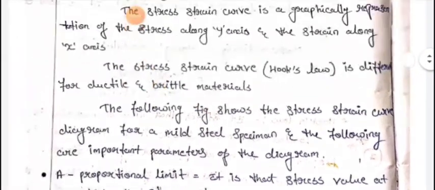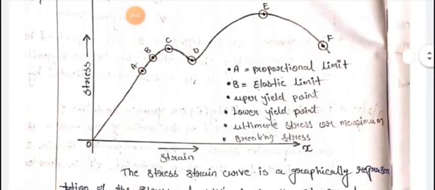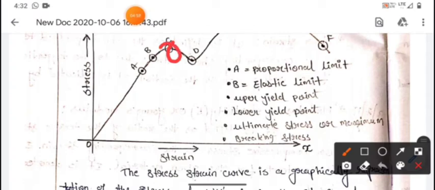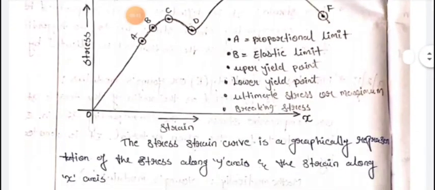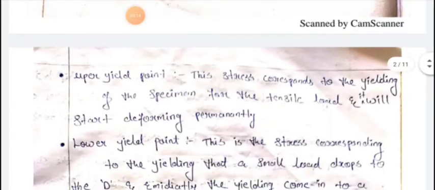And the next comes the upper yield point. The upper yield point is shown at C. As the load goes on increasing, this upper yield point will form. What is the upper yield point?